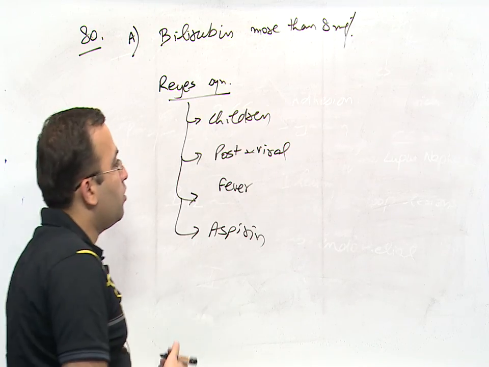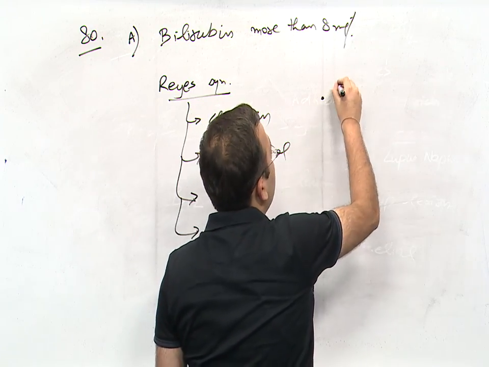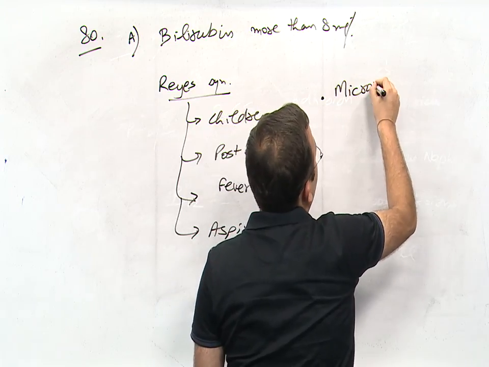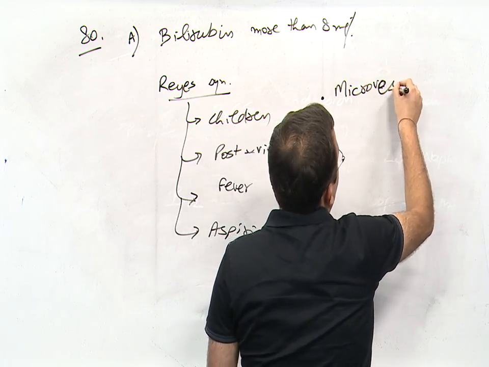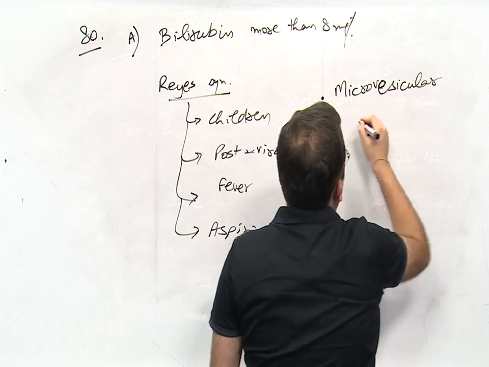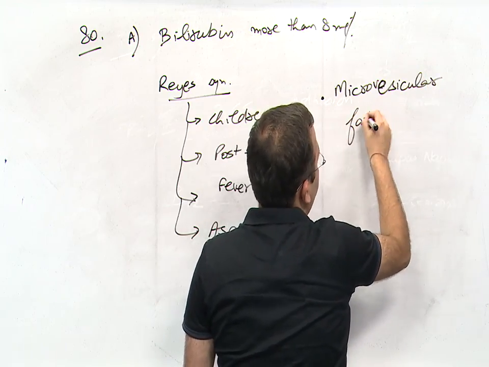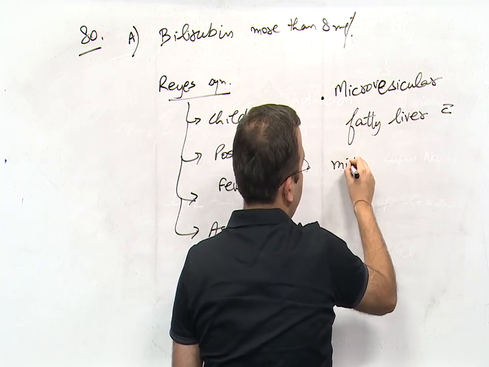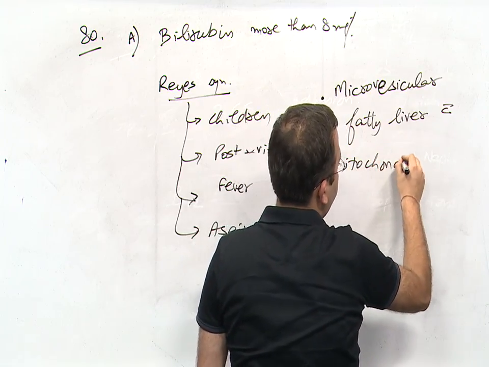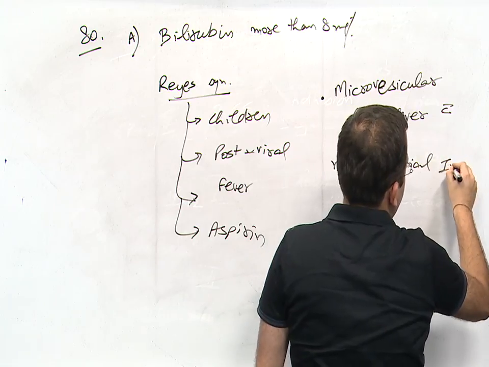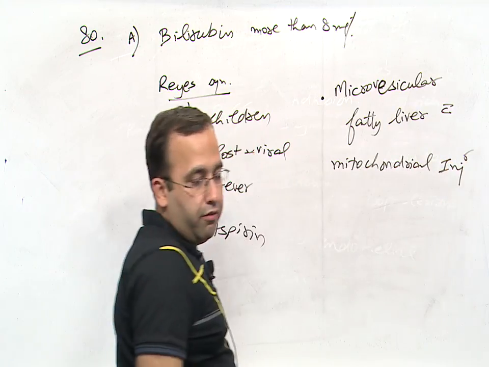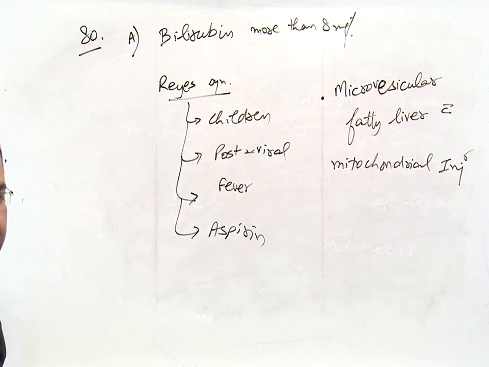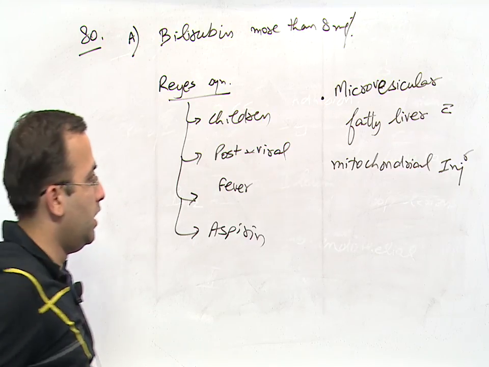Next point, it causes microvesicular fatty liver with mitochondrial injury. This point again is important.